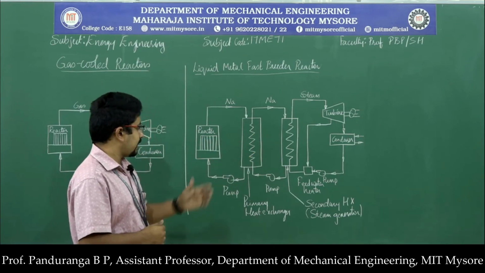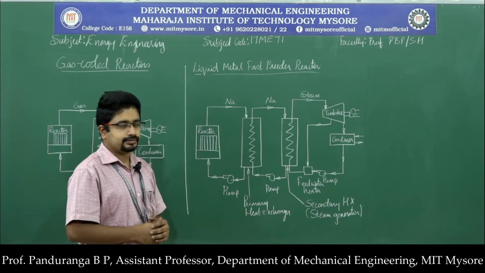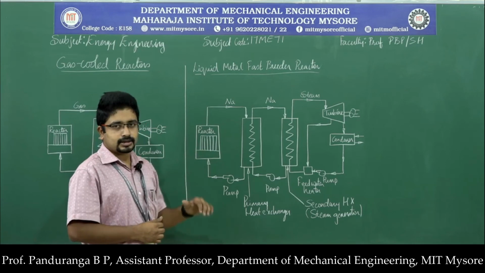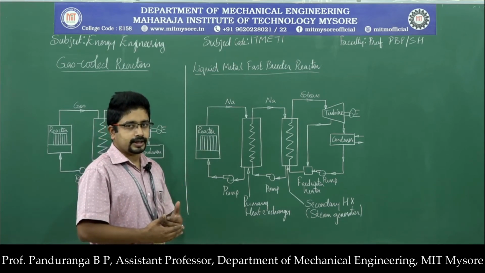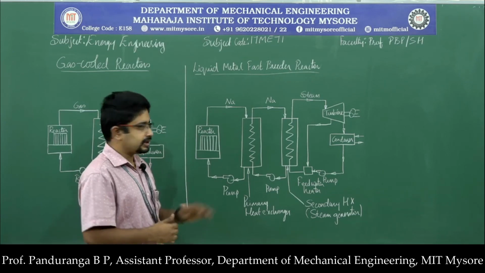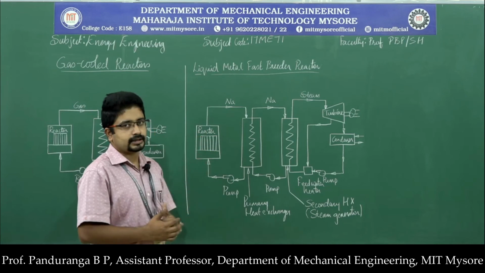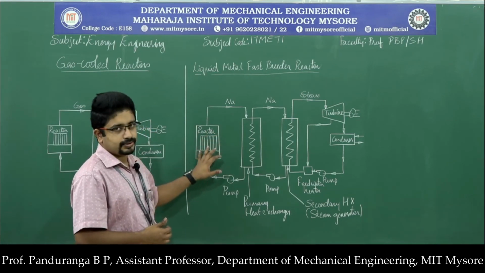Here we have the reactor core, and as I said, the reactor core consists of control rods, fuel rods, moderator, reflector, and the pressure vessel. So when I say reactor or reactor core, it includes all those components.